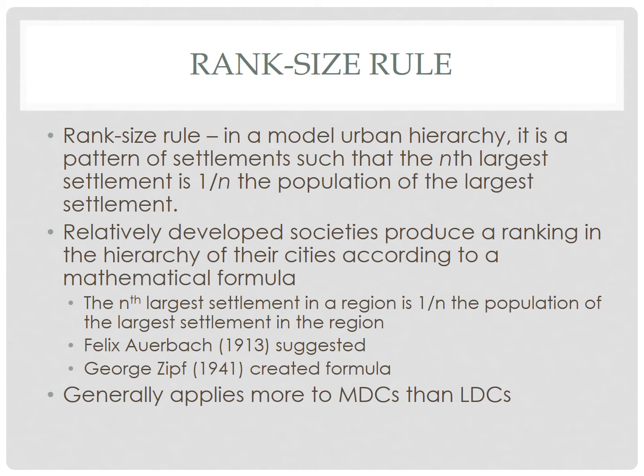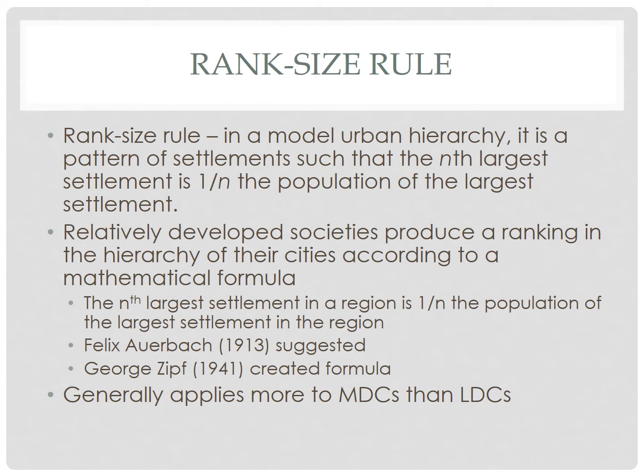So essentially it's a way of predicting population size within a model environment. Now, obviously, we know that basically no place is ever perfectly according to this. And so instead, we classify it as closer to rank size rule or something else.